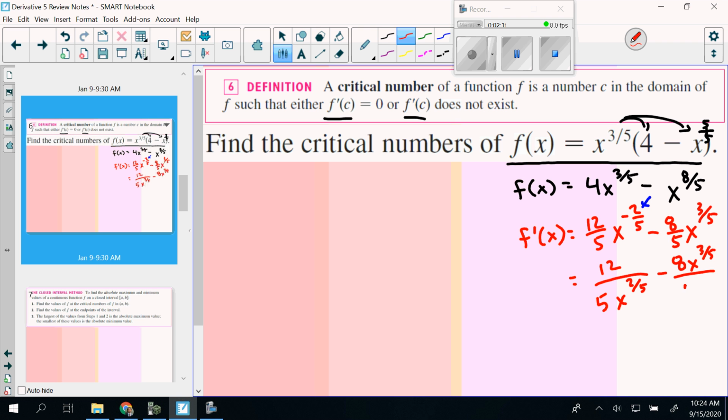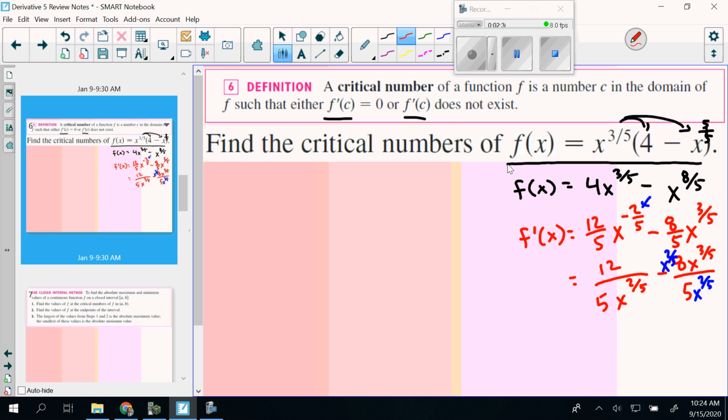So here's what we got now. I want to try to combine those into one. So I'm going to get a common denominator here by multiplying this by x to the 2/5. So it's the same, but that means the top I also need to multiply by x to the 2/5.